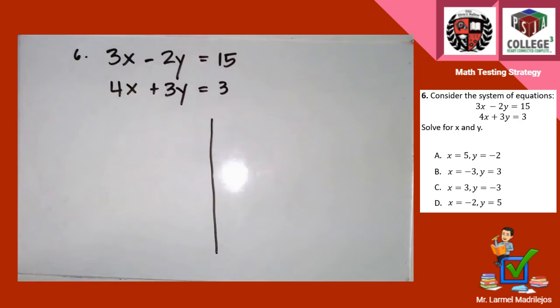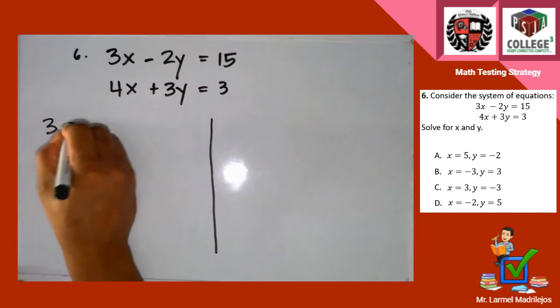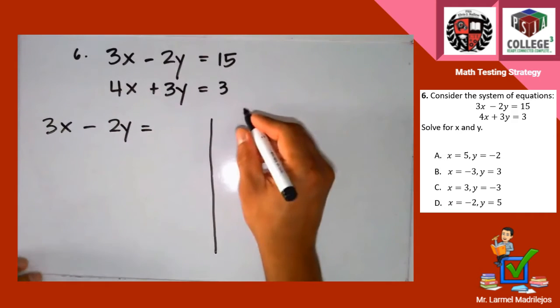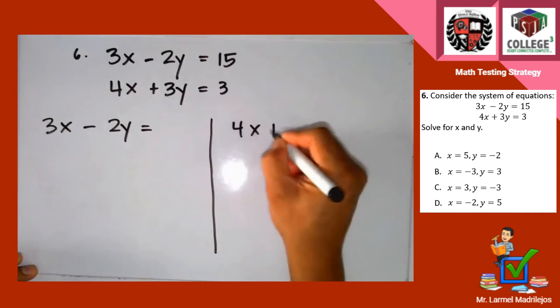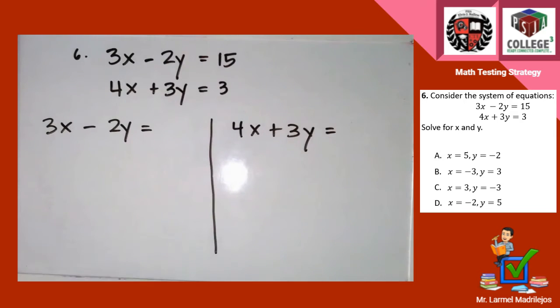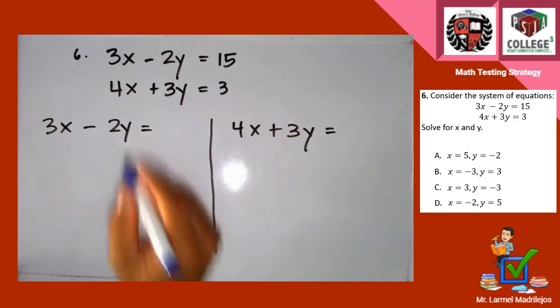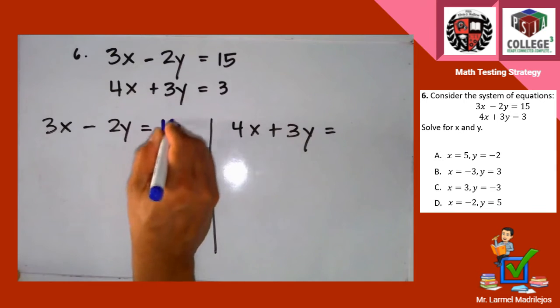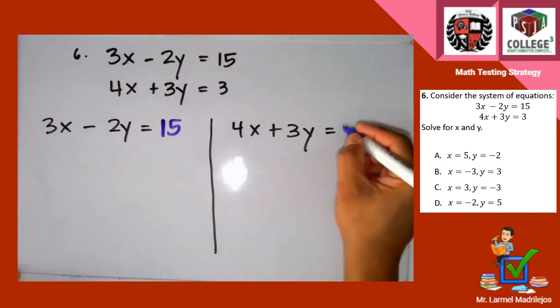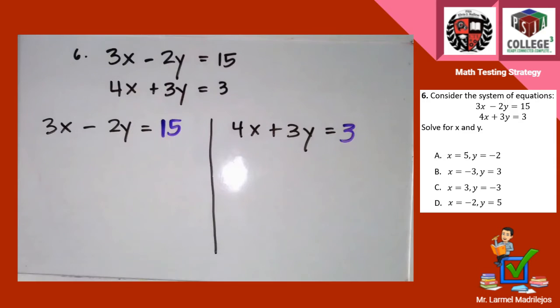I'm going to test all of the choices. This is 15 because I know that this equation is equal to 15 and this equation is equal to 3. I'm going to verify.